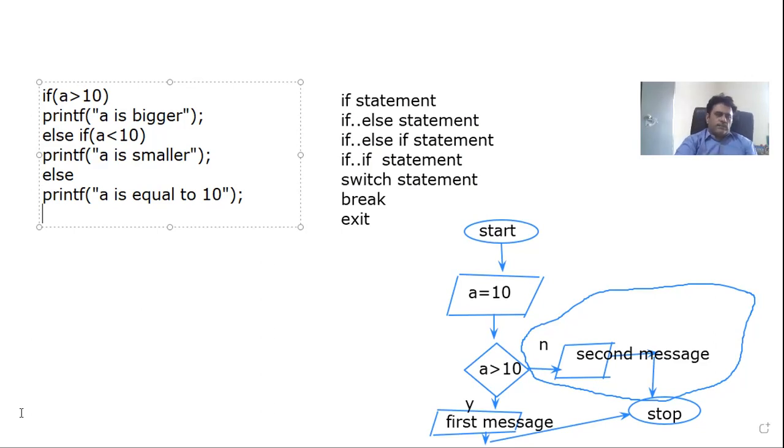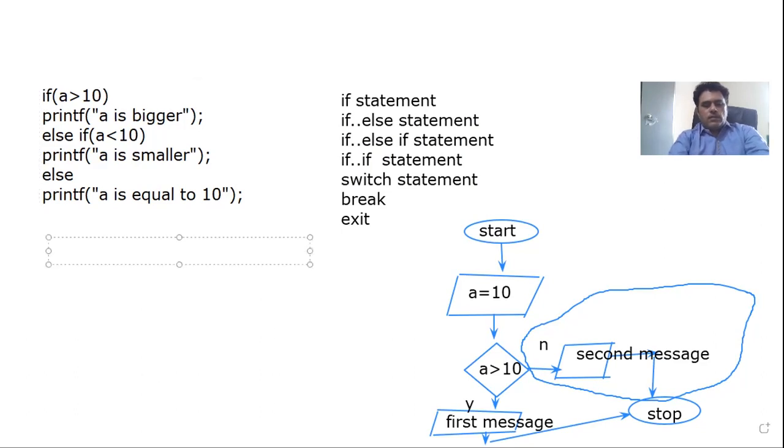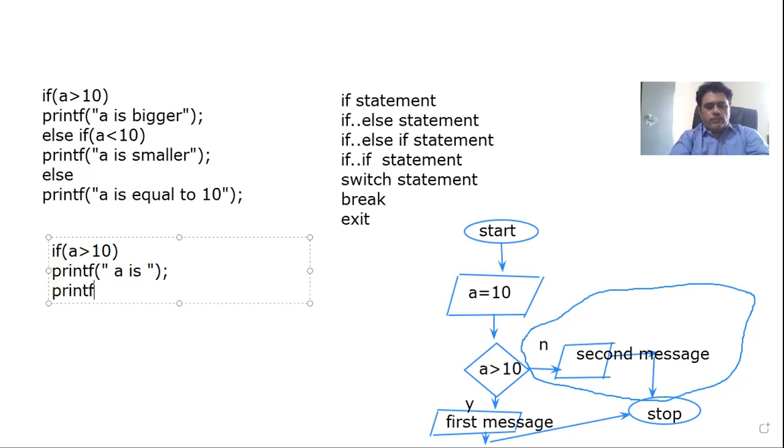See an example here. If a greater than 10, I would like to print like this, printf "A is" printf.